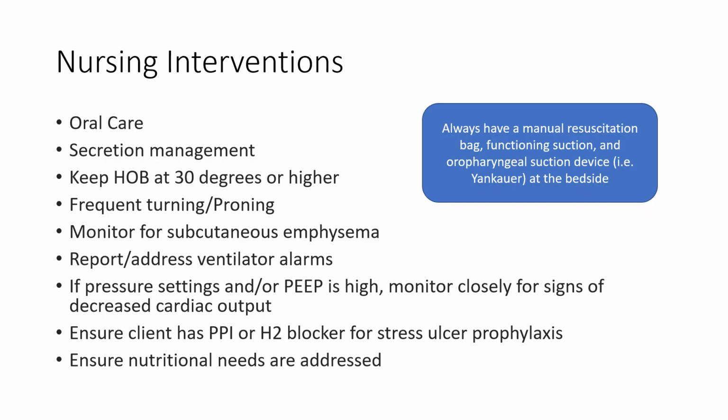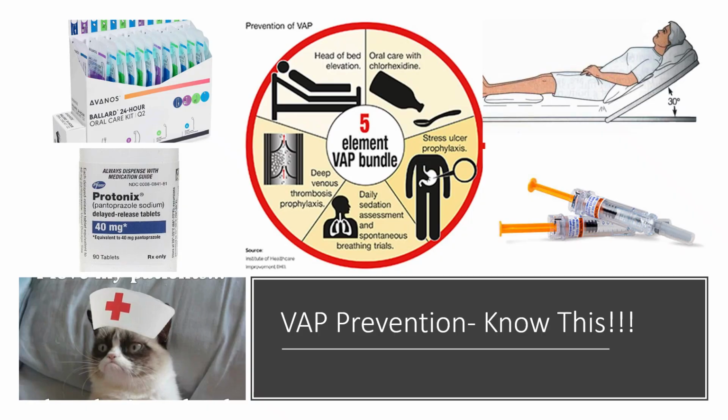But sometimes certain conditions may require TPN. And always you want to make sure that you have an ambu bag at the bedside and a Yankauer suction device. Next, I'm going to talk to you a little bit about ventilator-associated pneumonia and your VAP prevention.